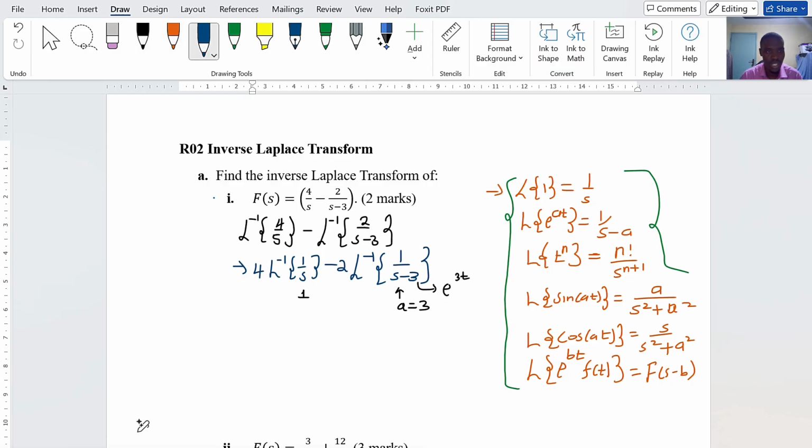So our f(t) is equal to 4 times the inverse Laplace transform of this, which is 1, minus 2 times the inverse Laplace transform, which is e^(3t). And the answer will be 4 minus 2e^(3t).